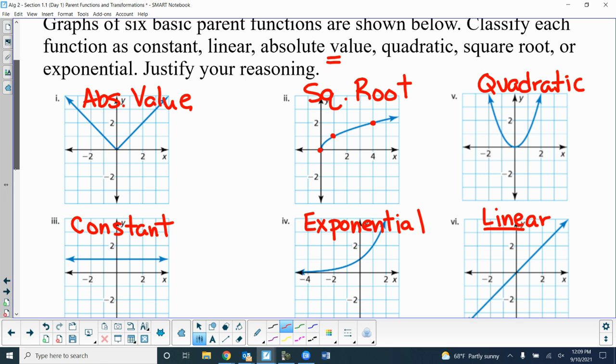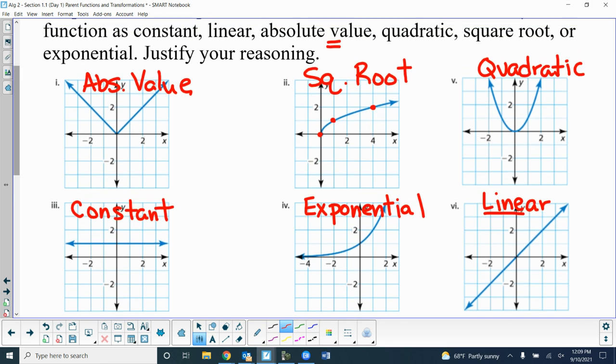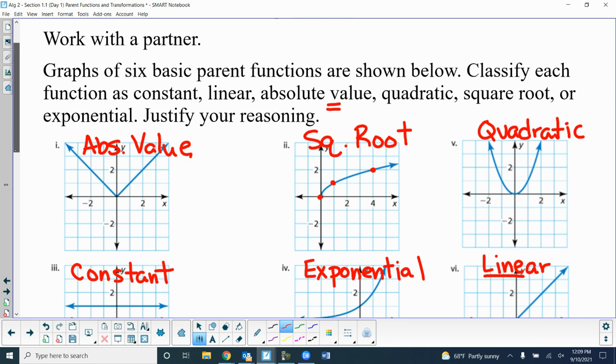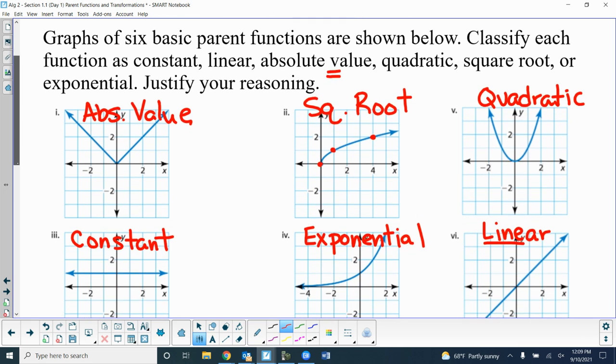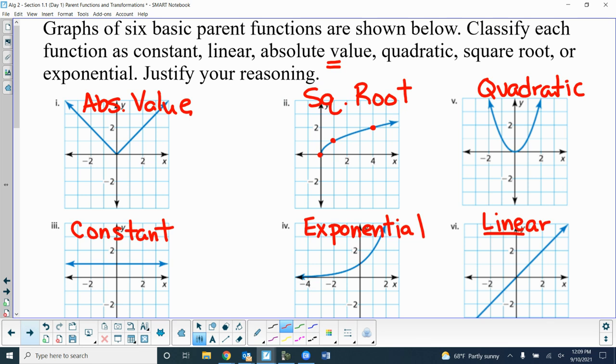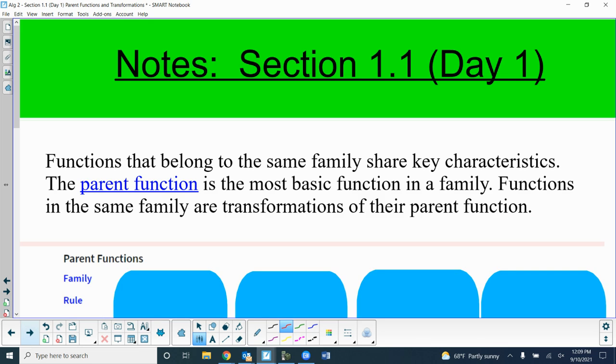All right, so just to start you thinking: parent function or family that a function belongs to. Functions that belong to the same family share key characteristics. The parent function is the most basic function in a family. Functions in the same family are transformations of their parent function.